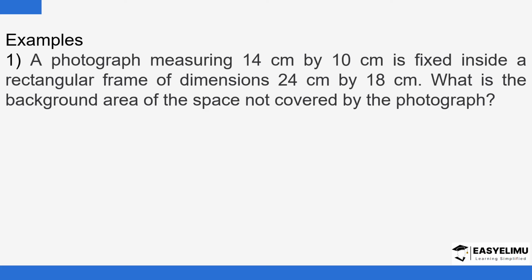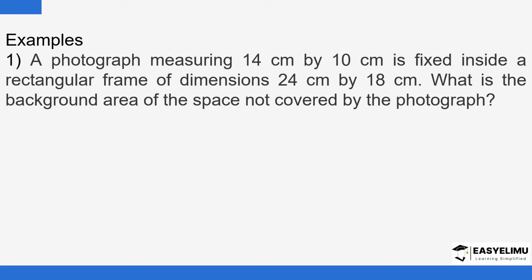The first example we have is displayed here, number 1. A photograph measuring 14 centimeters by 10 centimeters is fixed inside a rectangular frame of dimensions 24 centimeters by 18 centimeters. What is the area of the background space not covered by the photograph? The best way to go about this is to first have a rough sketch of the given information.